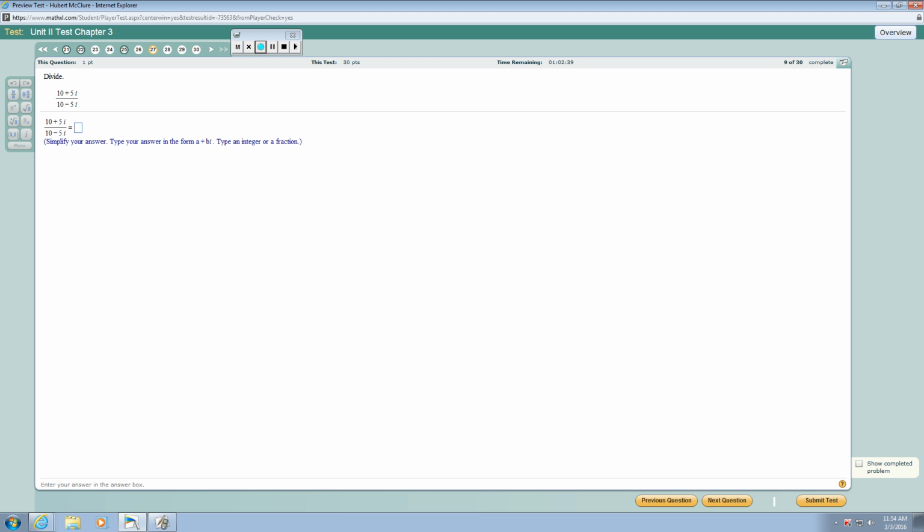And where's the radical? The i. Okay? So we got to get rid of that i. So we got to take the conjugate of 10 minus 5i, and that gives us 10 what? Plus 5i. So you're going to multiply top and the bottom by 10 plus 5i.